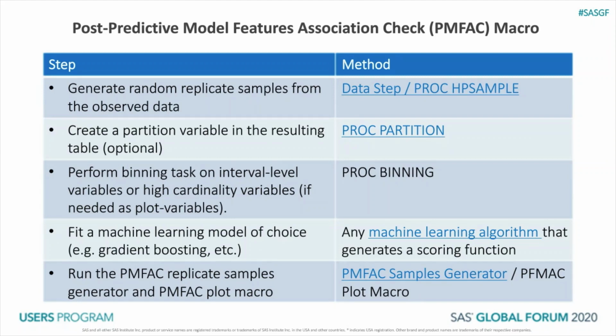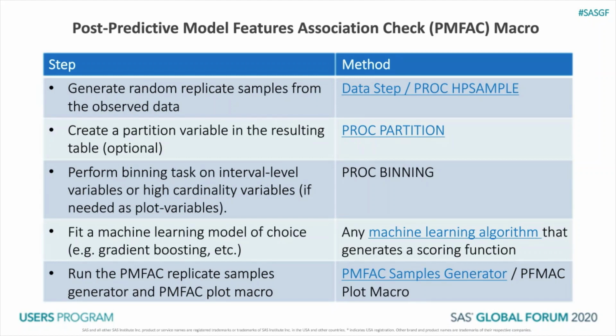The next step is to now fit a machine learning model of choice. It can be one, it can be multiple. And once that is done, the results from these algorithms can then be passed into the PFAC macro.